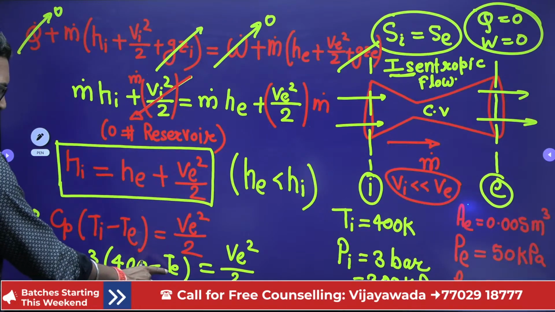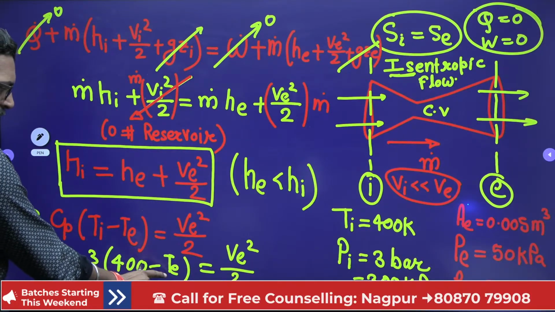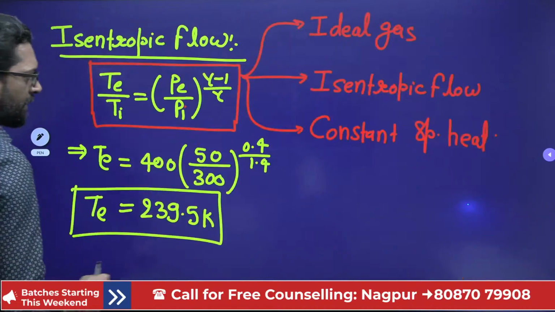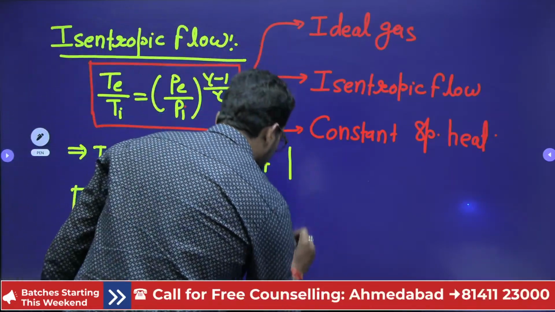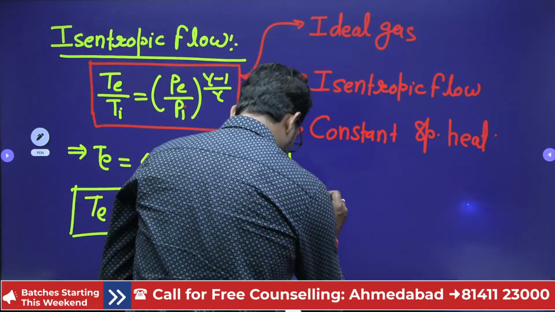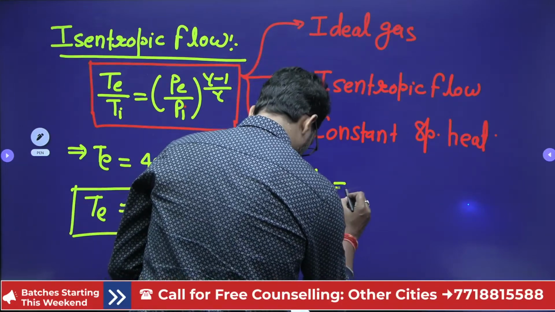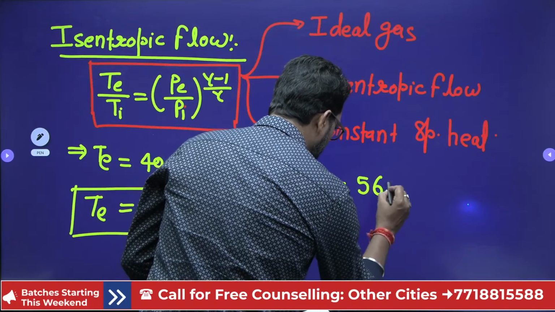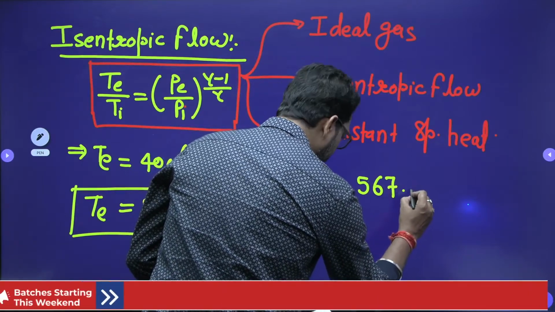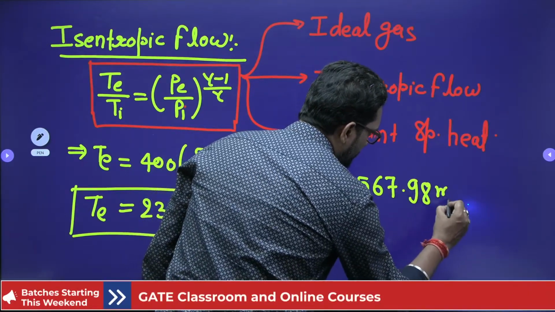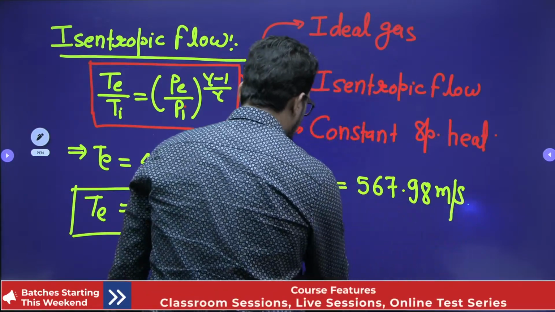From this we can find exit velocity. V exit is equal to 567.98 meter per second. This is our exit velocity.